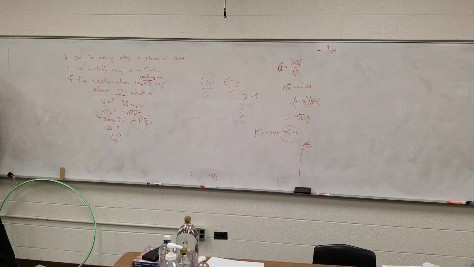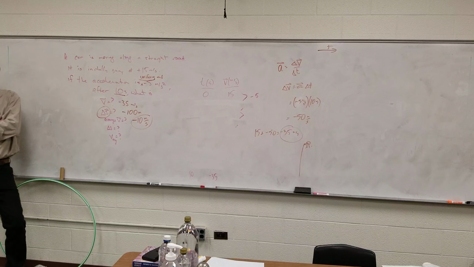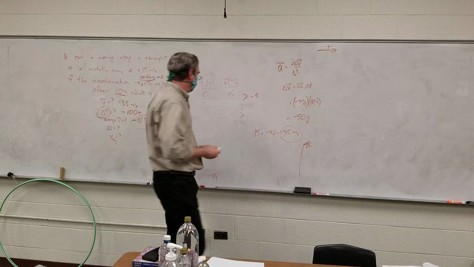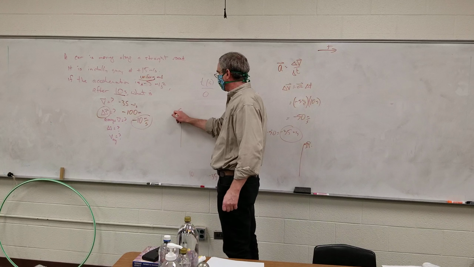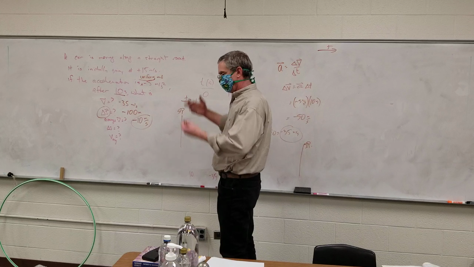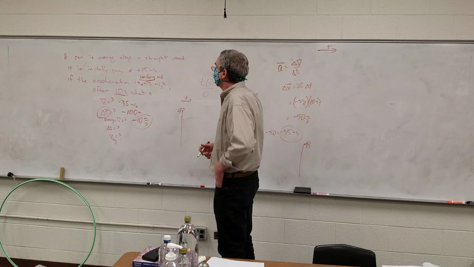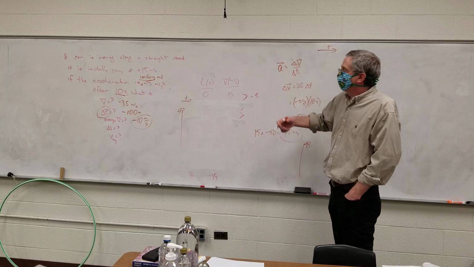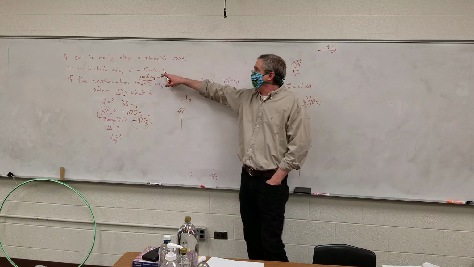The question's up to here before we tackle the stumbling block for a number of students. All right, so I have some starting point right here. We'll make to the right positive because I start out going in the positive direction.